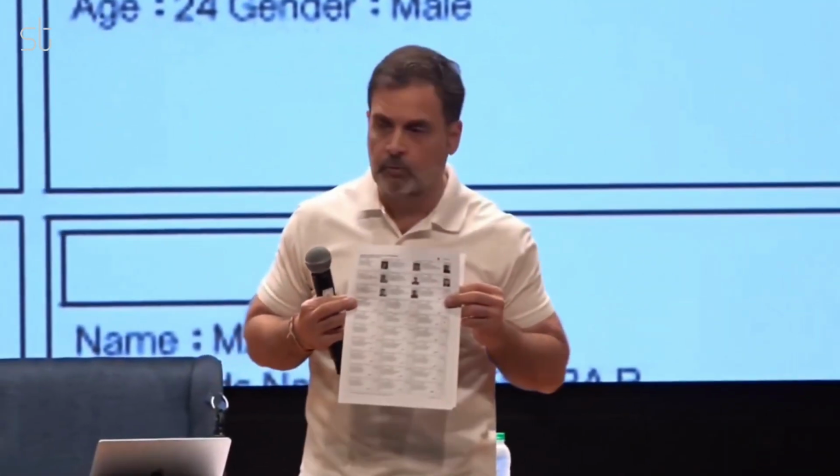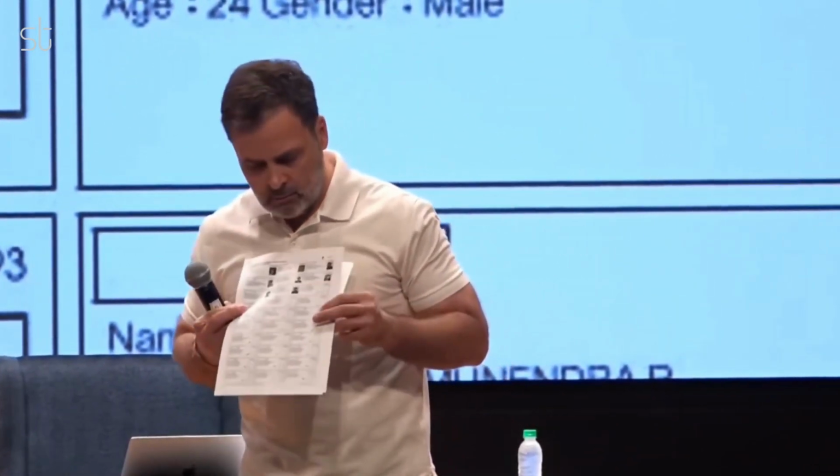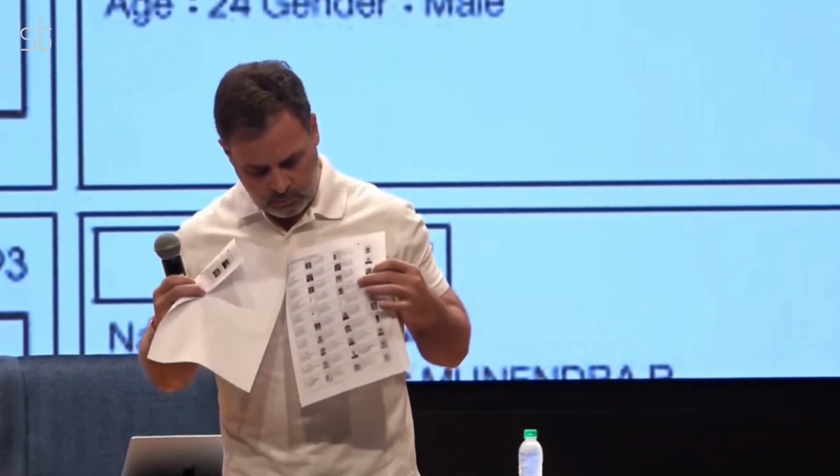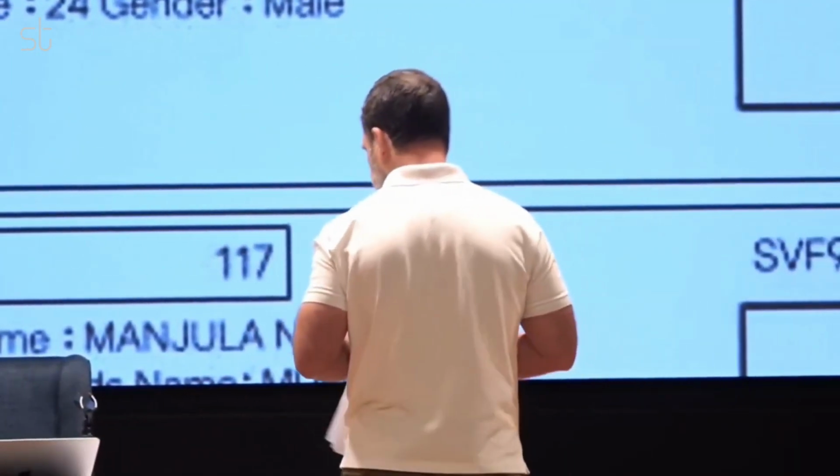That's an original voter list. That's a copy of a voter list. You can see no photos. Okay, so there's 4,000 of those.